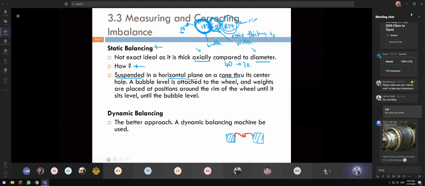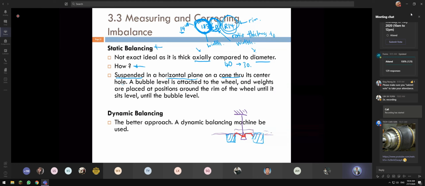What you can do is put the cone and then hang this up onto some structure, right? Then you check whether this tire is level. You put the level meter, it's just very cheap, the water level.